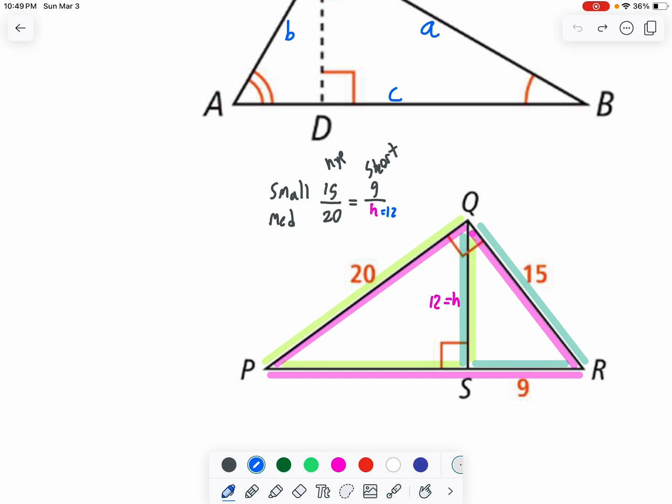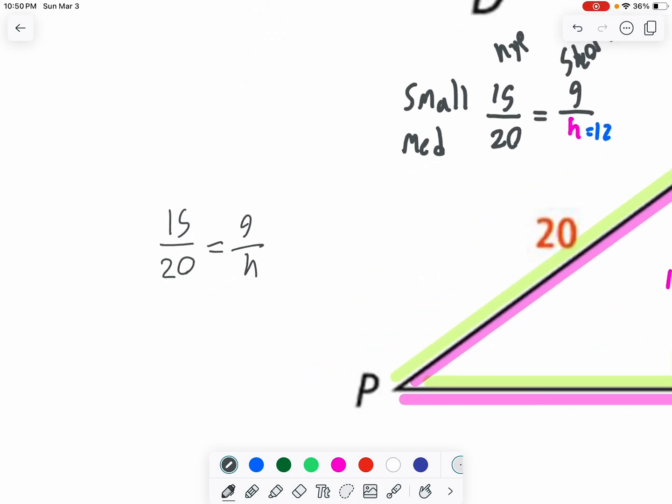Another way to do it is to actually write this out and then to solve. So I'm going to write it out. We've got 15 over 20. That's equal to 9 over h. Now, how do I solve for h? Well, h is in the denominator, so the first thing I want to do is multiply by h. I'll cancel it out and get it in the numerator over there. And then I'm going to want to first rewrite it. H times 15/20 is equal to 9.